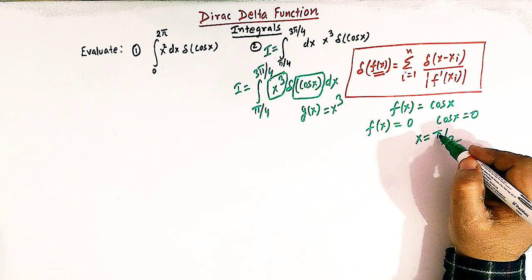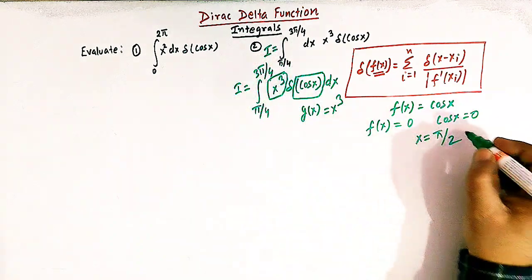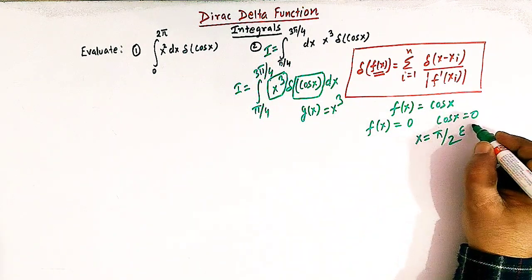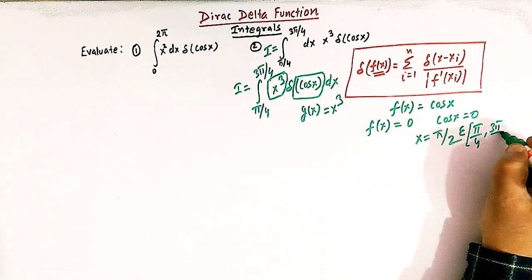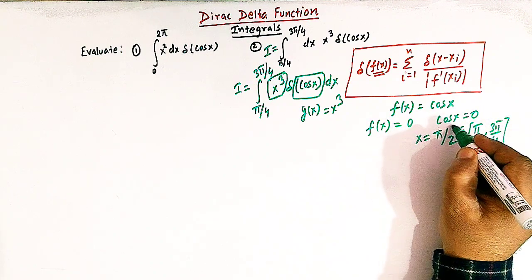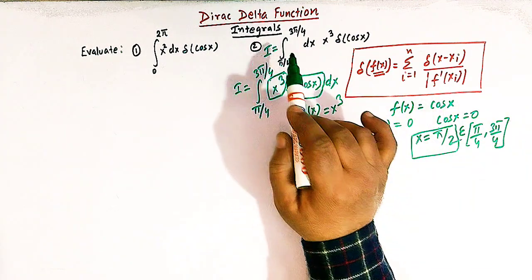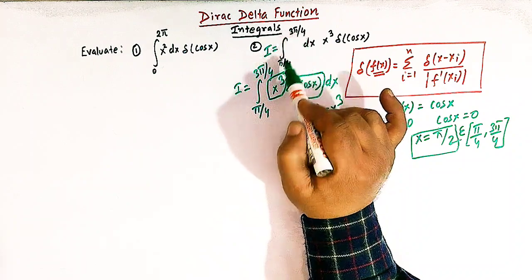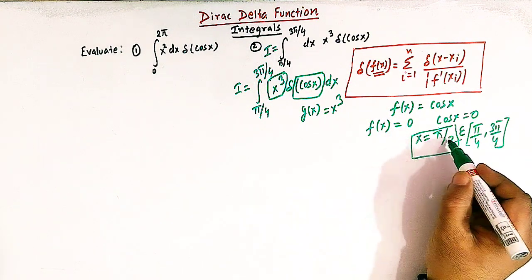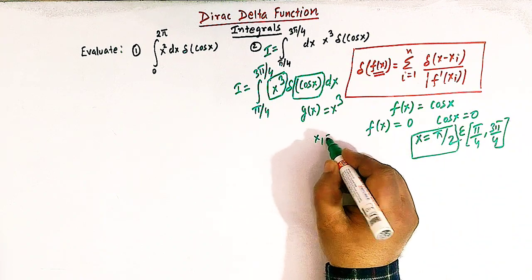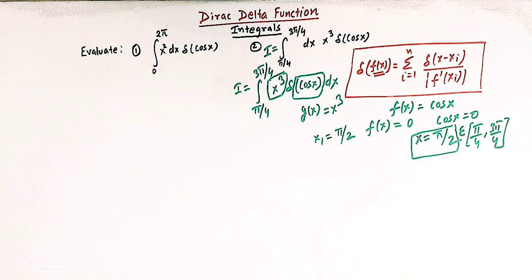And pi by 2 belongs to the interval pi by 4 to 3 pi by 4. So we have to consider only one root because we are restricted to this interval. So now we have x is equal to pi by 2. Let us denote it by x1. x1 is pi by 2.